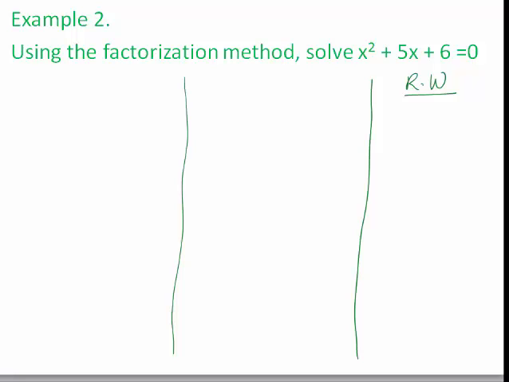Here we have x squared plus 5x plus 6 is equal to 0. Now this is where the real job comes, and just pay attention and get this concept.